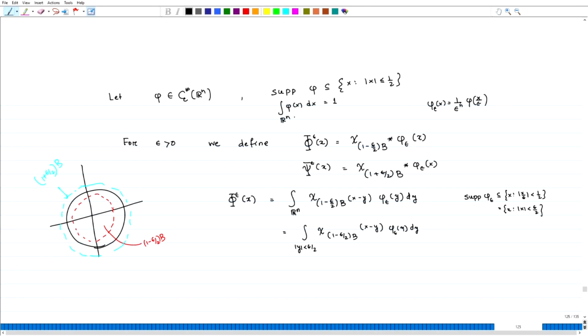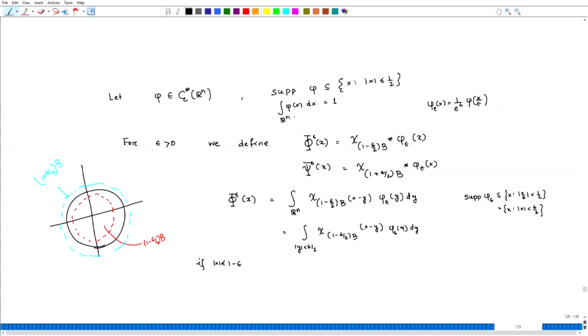So, as you can see, if mod x is less than 1 minus epsilon, then x minus y is going to be inside the ball of radius 1 minus epsilon by 2.